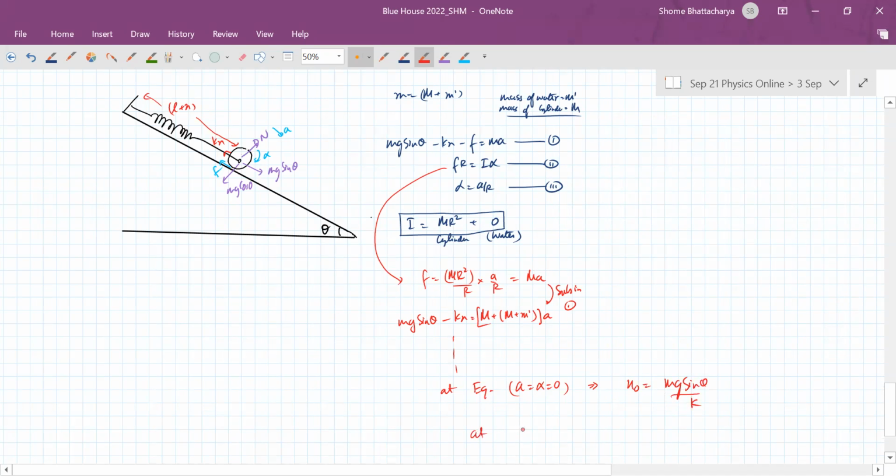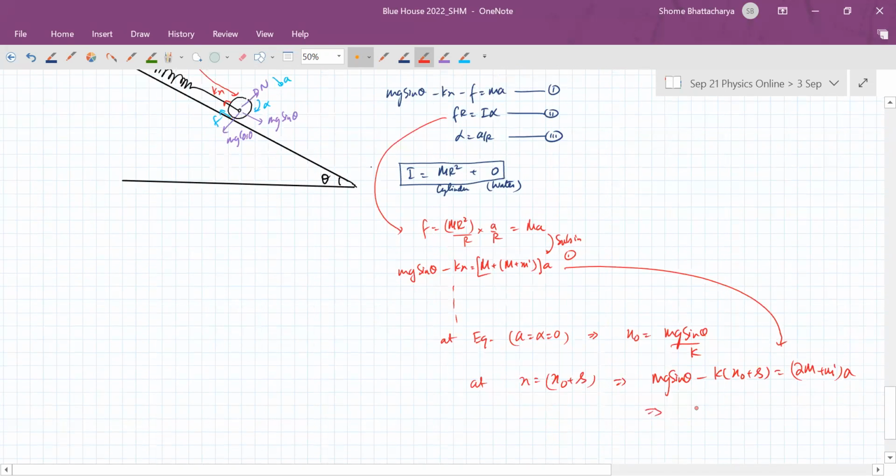So now at x equal to x naught plus s, we have the equation mg sine theta minus k into x naught plus s, resolving all this, directly I'm writing now, equal to 2M plus m prime into a.